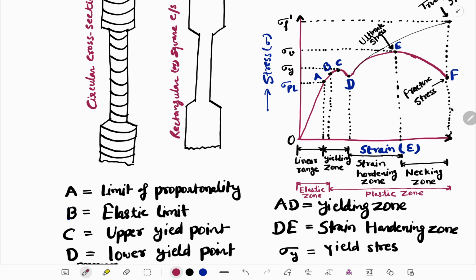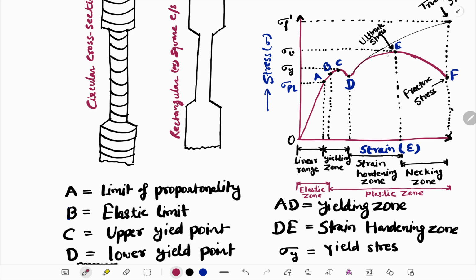After the upper yield point it comes down. Maximum yielding happens in this zone, but at point D the yielding will be less. So from point A to D we call the yielding zone, point C is the upper yield point, and point D is the lower yield point.